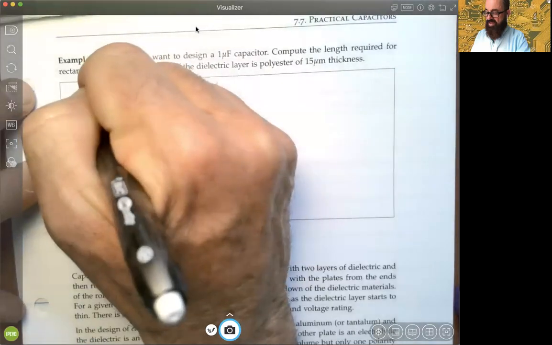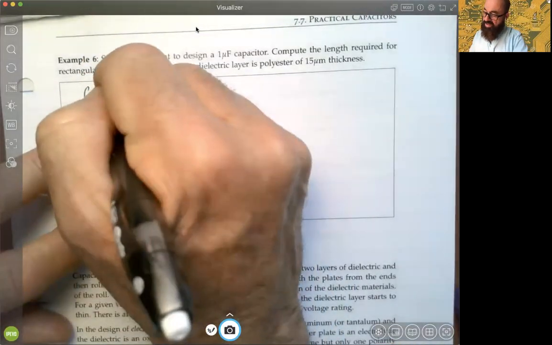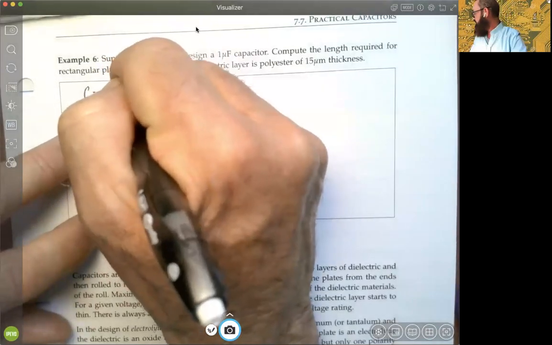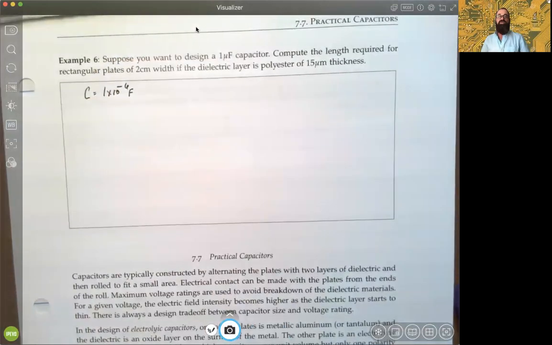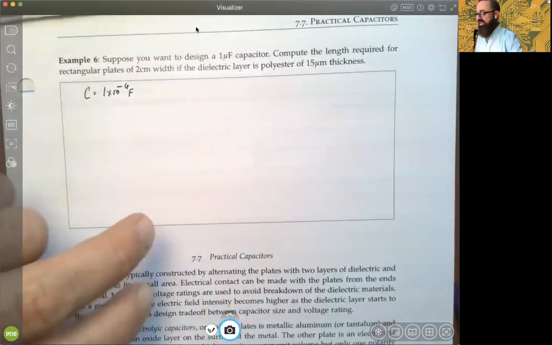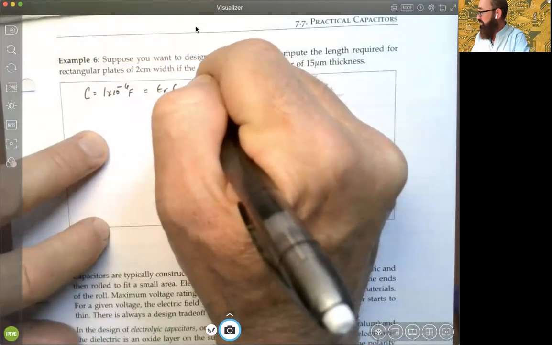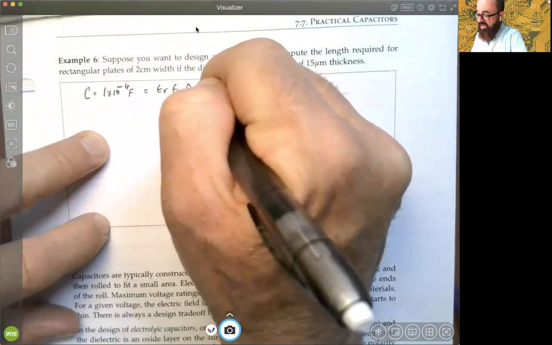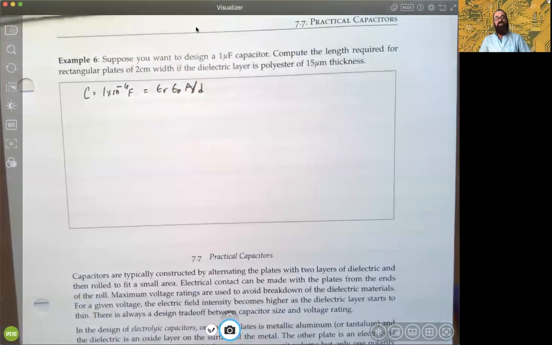So the first thing is to note what capacitance we are achieving. We are achieving 1 times 10 to the minus 6 farads, okay? Large compared to the picofarad. So that's the capacitance we want. We know by definition that's epsilon r times epsilon 0 times the area of the plates divided by the distance between them, okay?